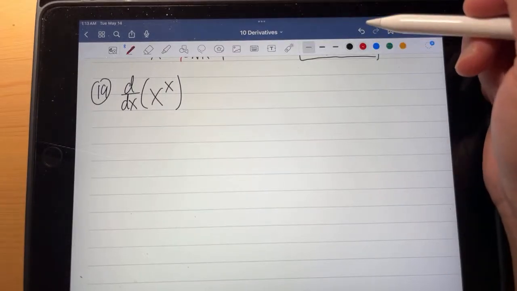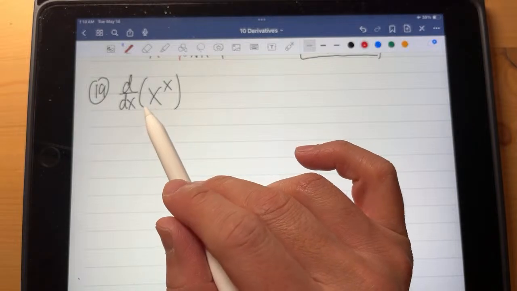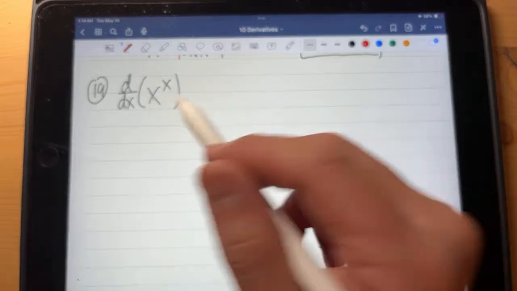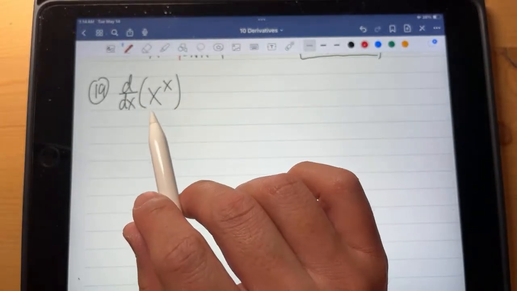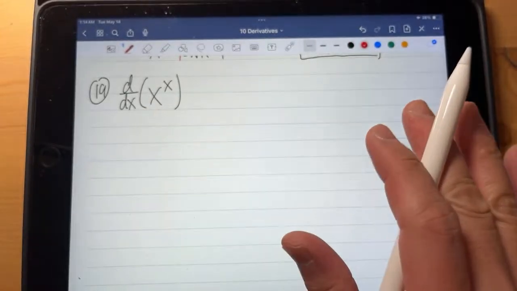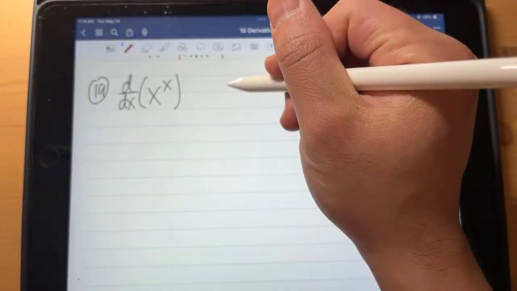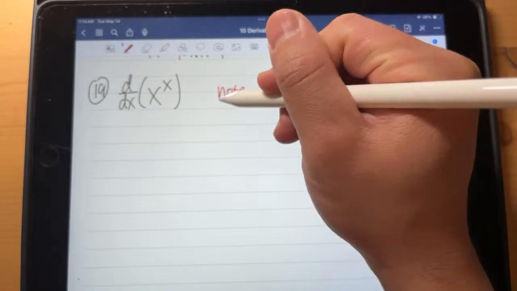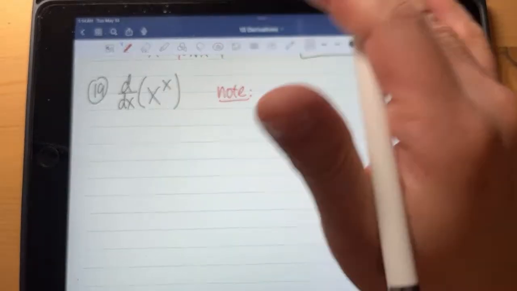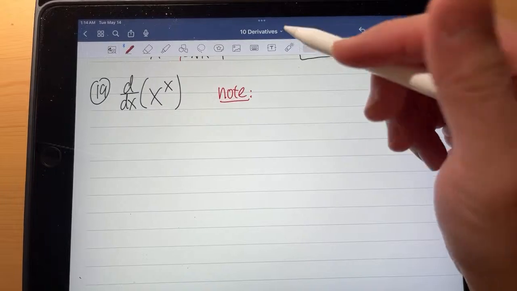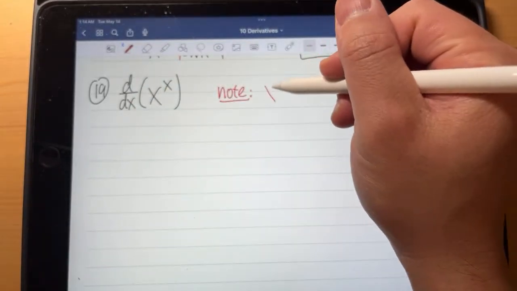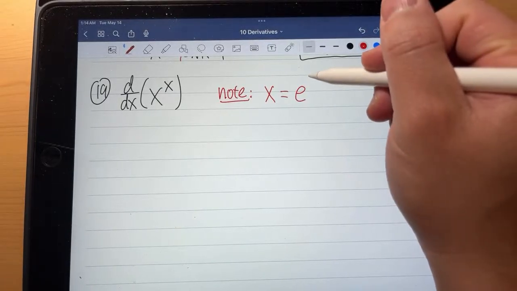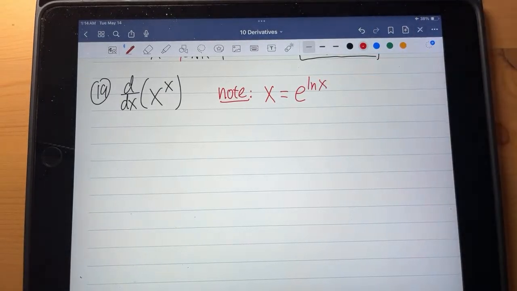Okay, here we go. We don't like to differentiate if the base is a variable and the power is also a variable. So, check this out. We are going to rewrite the base with e, and to do so, let me make a note right here on the side. We love to differentiate when we have base e. So for the x right here, we can actually write it as e to the ln x power, just like this.